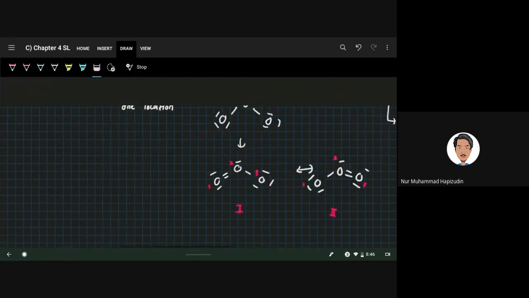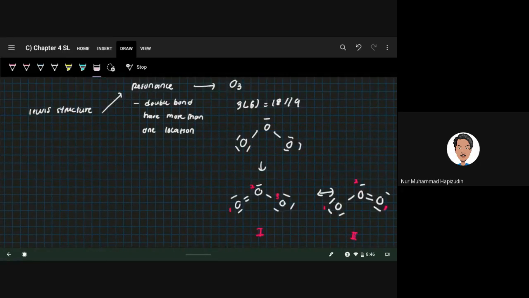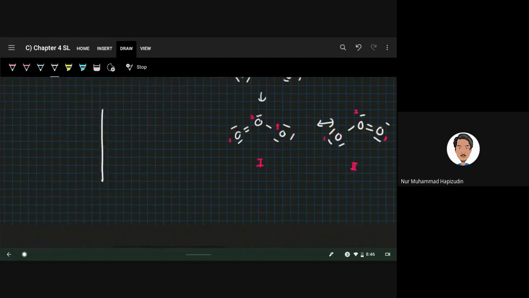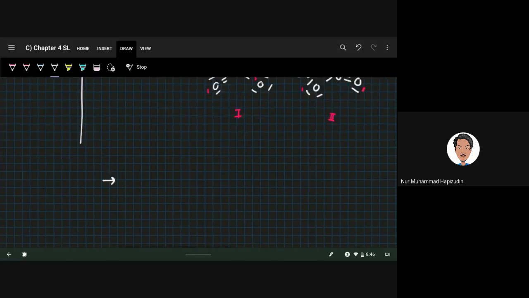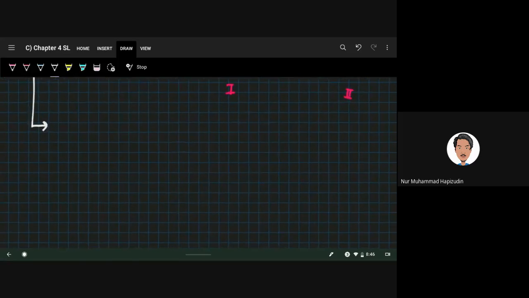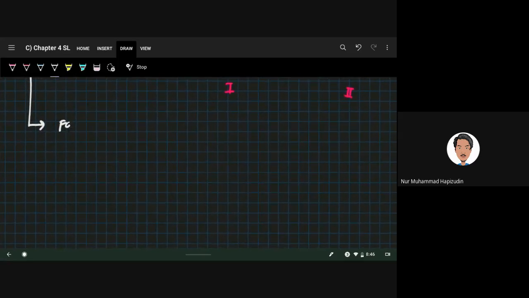Okay, next. After resonance, tolong take note ni. Tolong fokus betul-betul. Okay, actually sebenarnya ini adalah HL punya topik tapi saya tak tahu kenapa masuk test. Okay, masuk test. Sebab tu saya ajar. You have to know how to calculate formal charge.